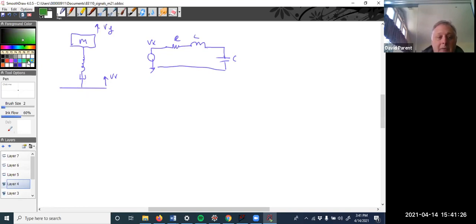Now, what if this was a tire? And this mass was 1/4 of a car, right? And then these are the shock absorbers and the springs, right? We're only concerned about the Y direction, but if this goes over a bump, right, Vx is going to get a step, right?